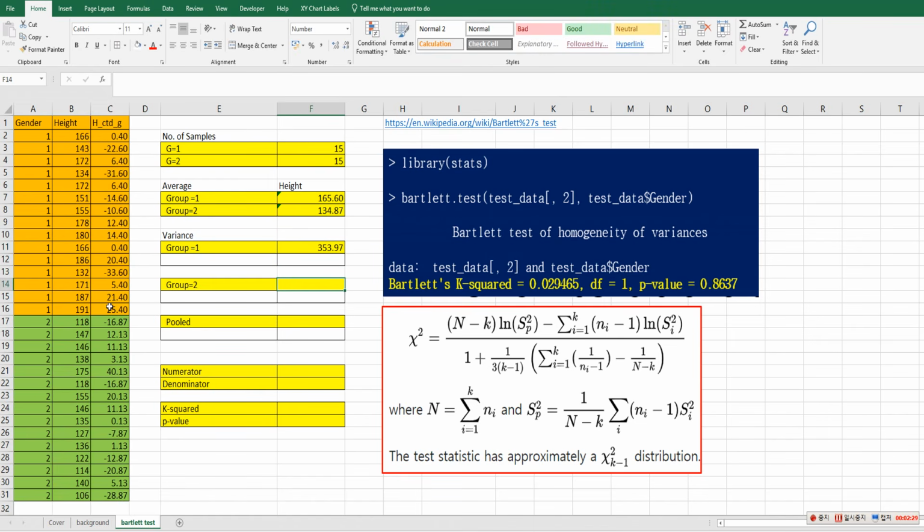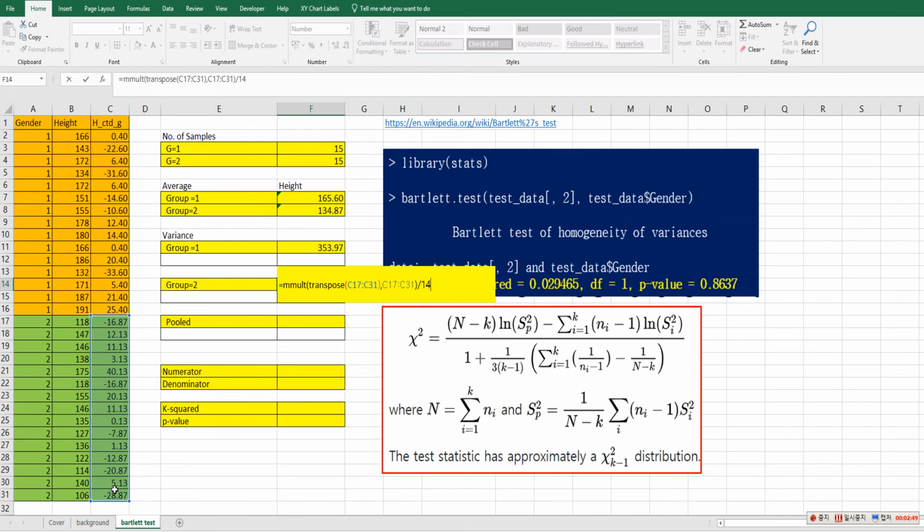Cool. So for group 2, again same formula, and MMULT transpose of group 2, comma, and same data, and over 14, and Control Shift Enter.